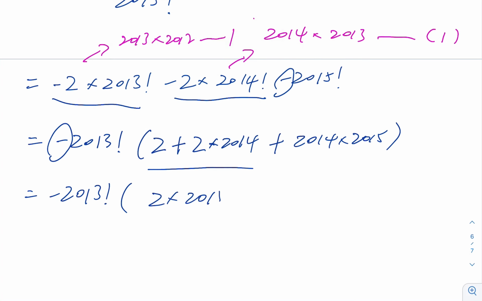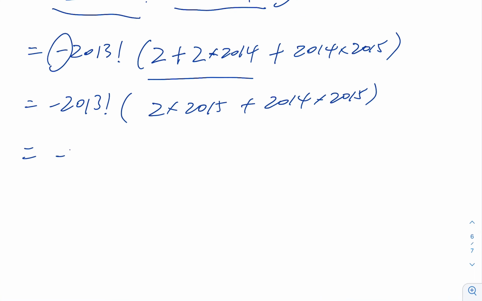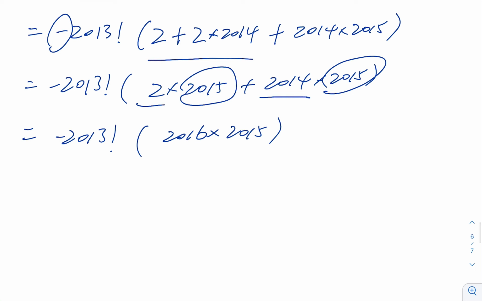Times 2015. Okay, this is what? 2016 times 2015. Is that clear? Common factor of 2015 plus these, so that's 2016.